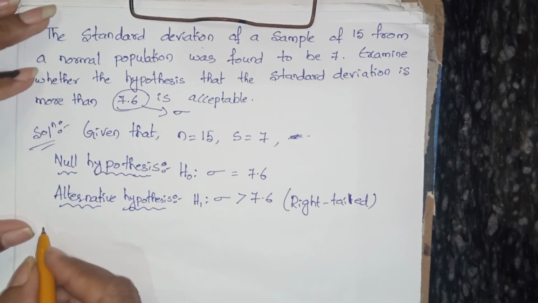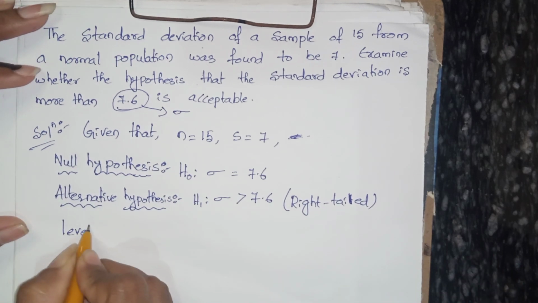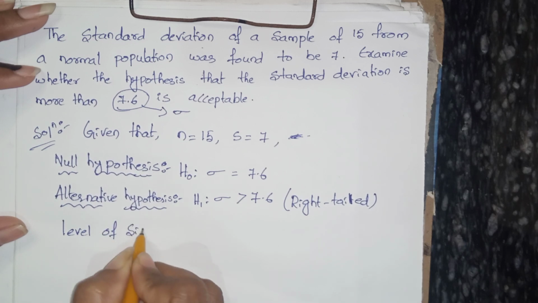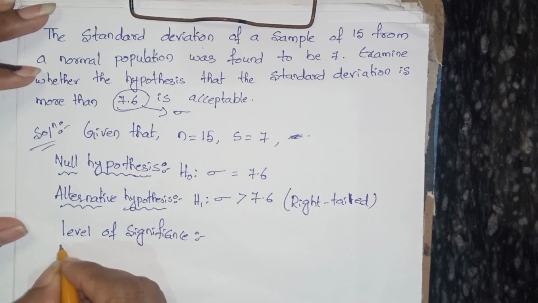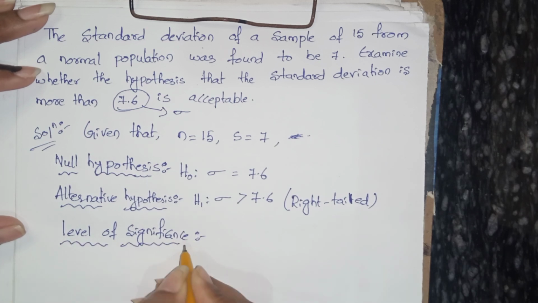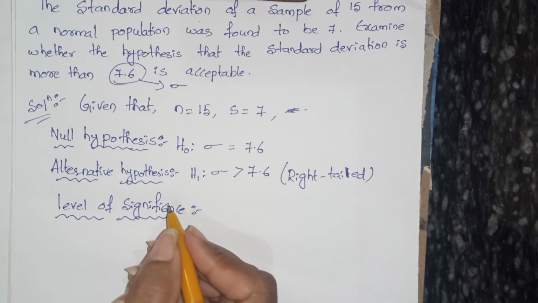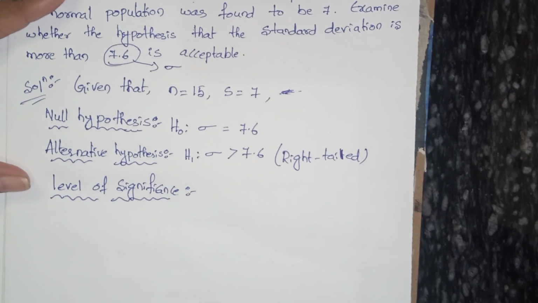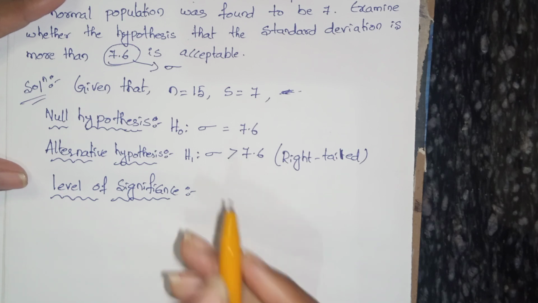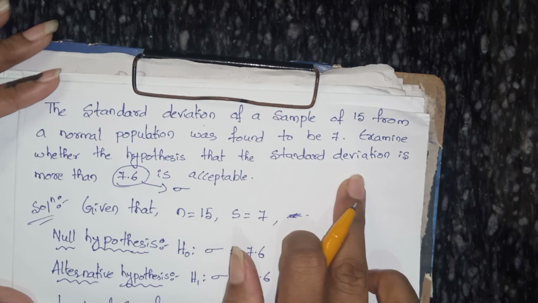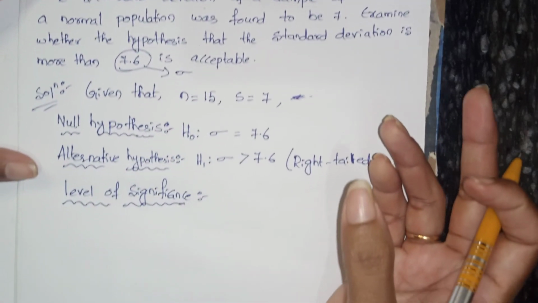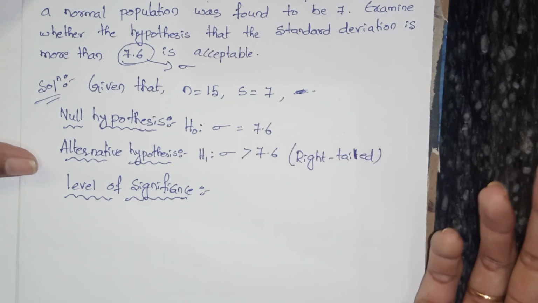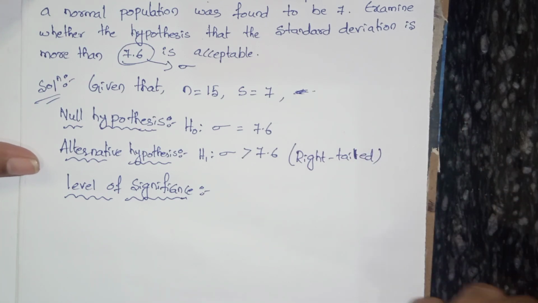Next, level of significance, denoted with alpha. Here we are going to use the chi-square distribution, so we have to fix the chi-square table value. They did not mention any level of significance, so we fix it at 5%, that is 0.05.